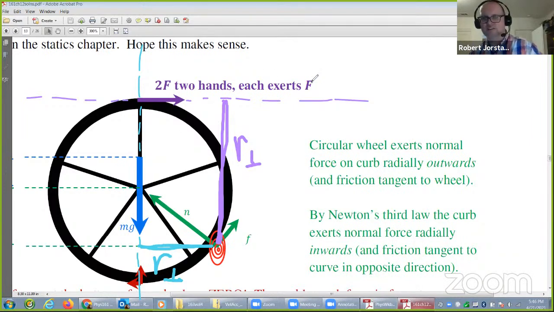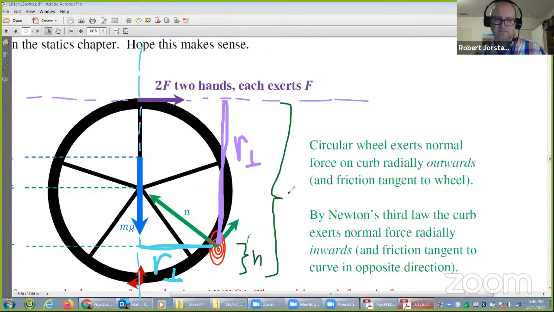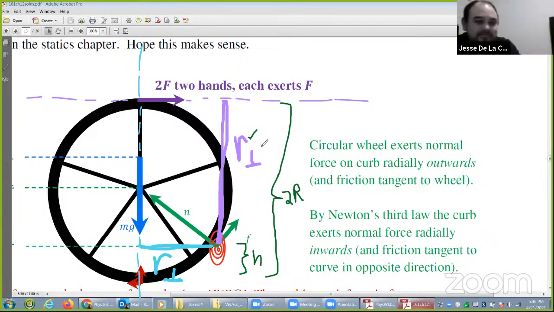We know some heights in the problem and distances already. To be clear, we know that this distance right here is h. What's the total distance all the way to the top? 2R or 2r. So do you agree we pretty much know R perpendicular right away? It's 2r minus h. Yeah.